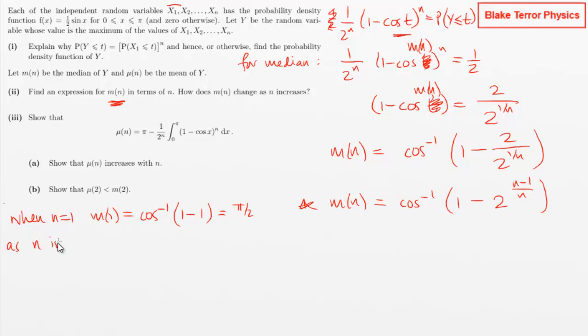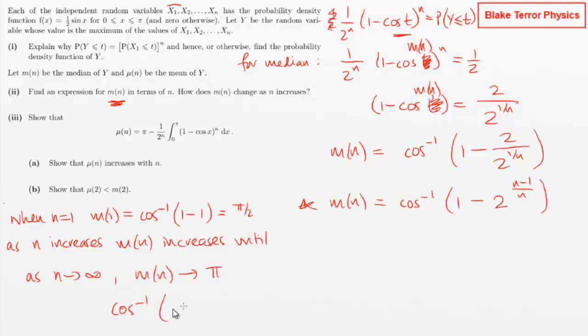As n increases, m of n increases until, as n approaches infinity, m of n will approach pi, because this is going to be cos inverse of 1 minus 2, which equals cos inverse of minus 1, which equals pi.